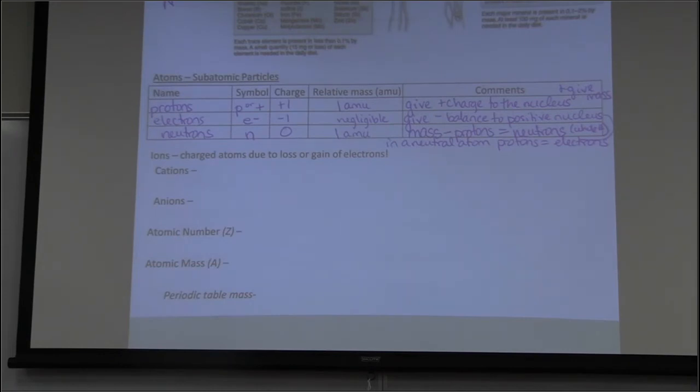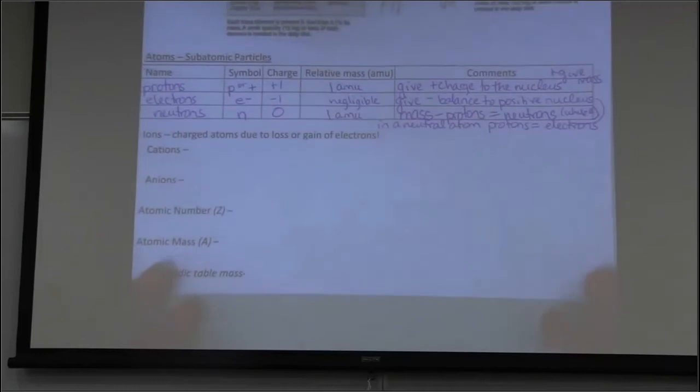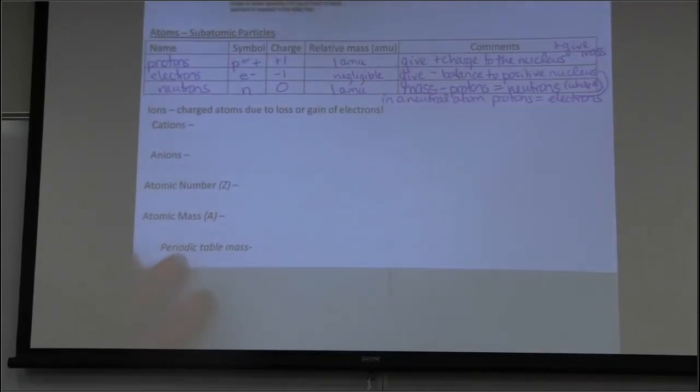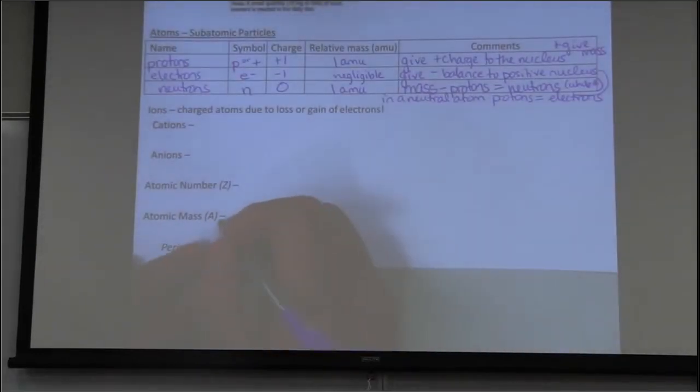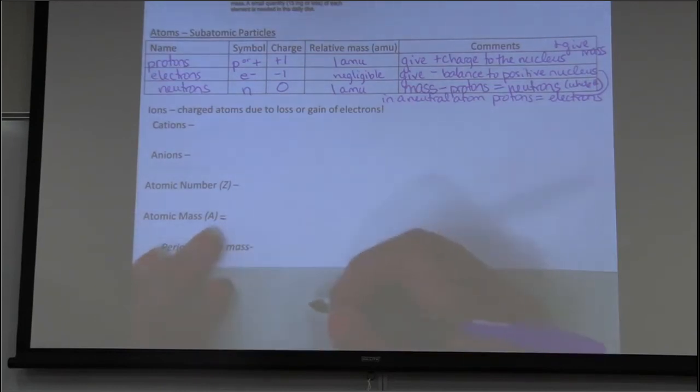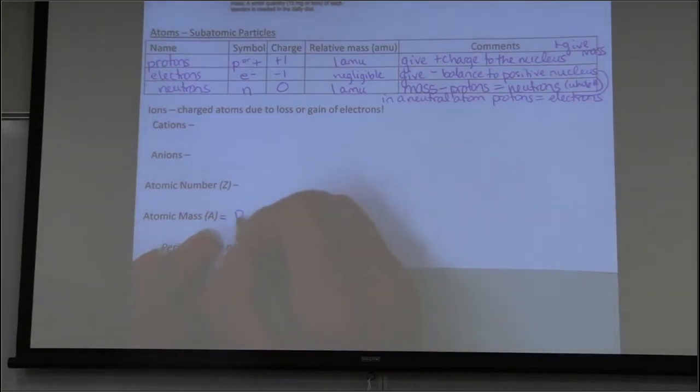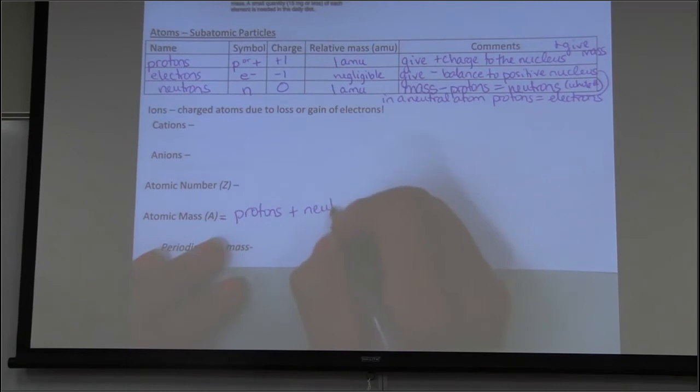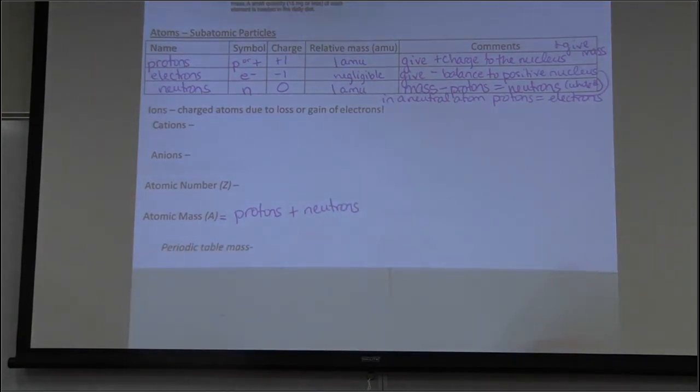So let's talk about mass first. Atomic mass is symbolized as A. I didn't make that up, someone else did. But atomic mass is symbolized by A, and what makes up the mass? Protons plus neutrons. So protons plus neutrons make up the mass of an atom.